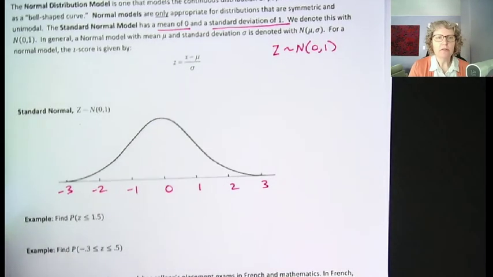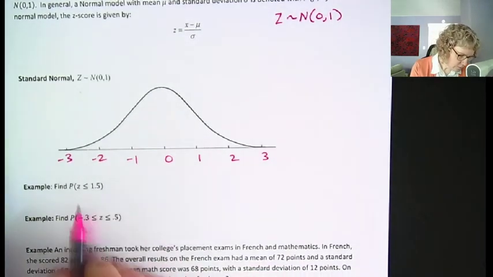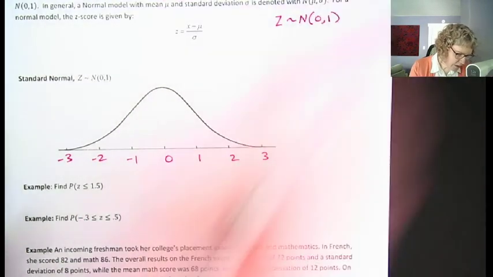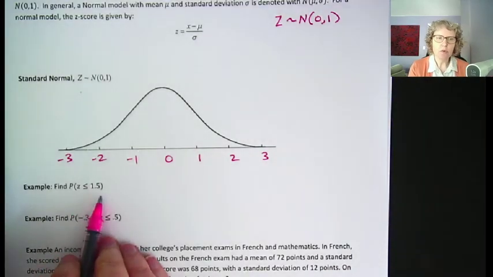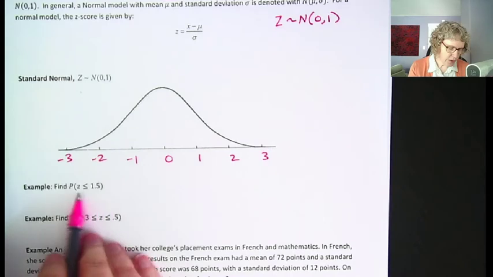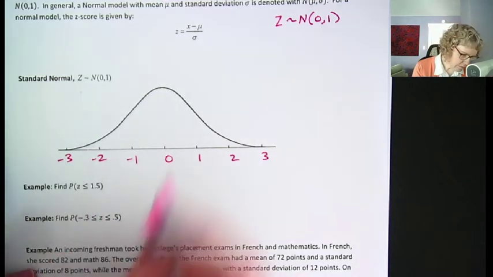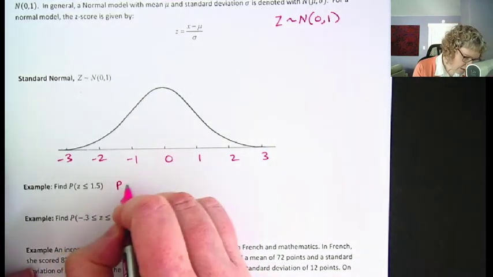So let's go ahead and find a couple probabilities. Find the probability that z is less than 1.5. So what this is saying is for any distribution, what's the probability that a value is less than 1.5 standard deviations from its mean?